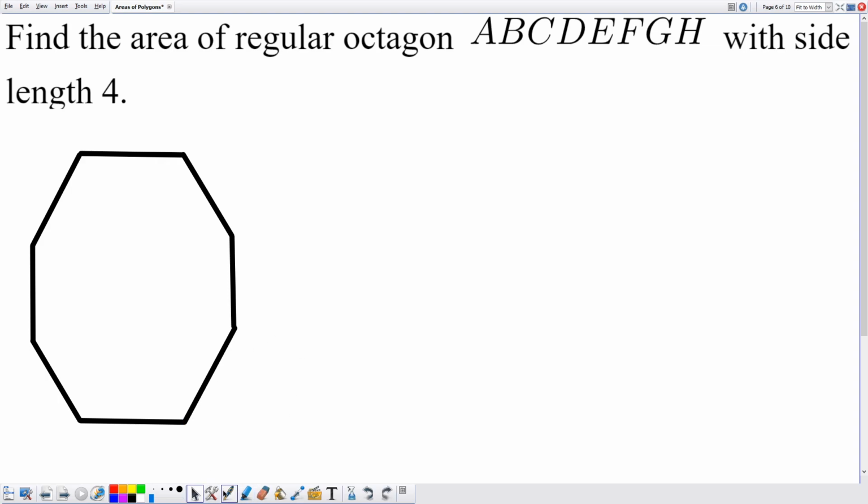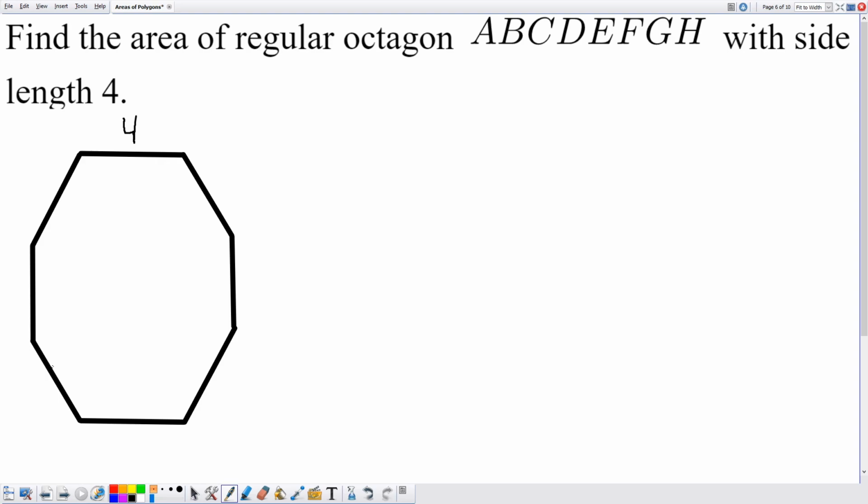Alright, so a little misshapen, unfortunately, but still it's sufficient. 8 sides, 1, 2, 3, 4, 5, 6, 7, 8, each with a length of 4.